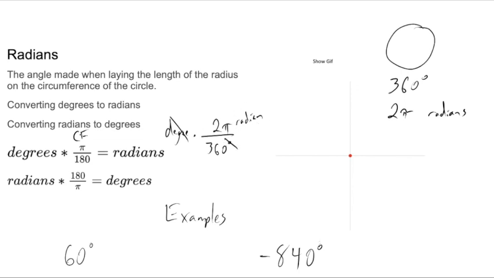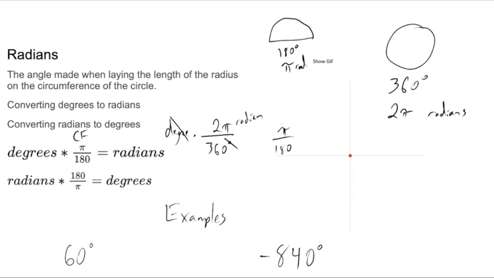And the reason why it's pi over 180 is that 2 and 360 simplify to get you pi over 180. And pi and 180 are both half circles. A half circle is 180 degrees, and it's also pi radians. These two things are equivalent, so that's why we use that to convert between the two.